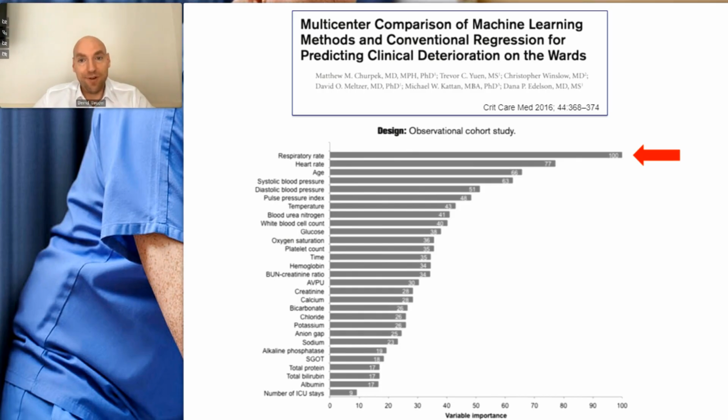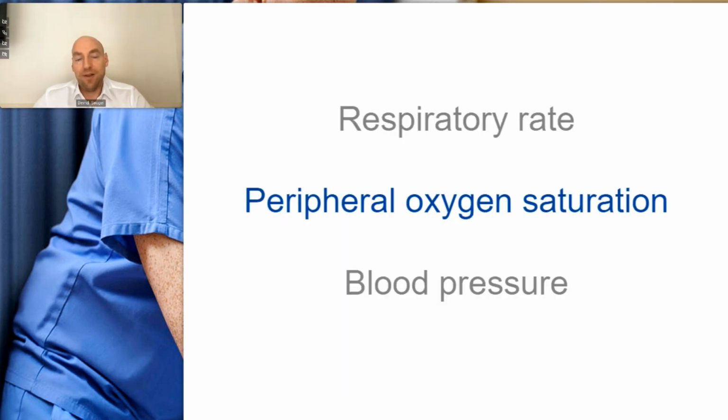Therefore, patients deserve that we measure respiratory rate frequently and, of course, correctly, because higher respiratory rates can be very sensitive in detecting clinical deterioration, as you can see in the list, along with heart rate, blood pressure, and other variables. So respiratory rate is important.